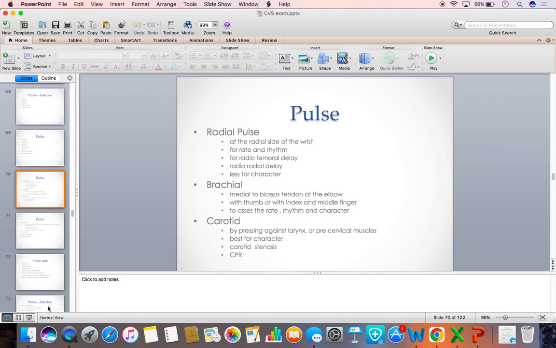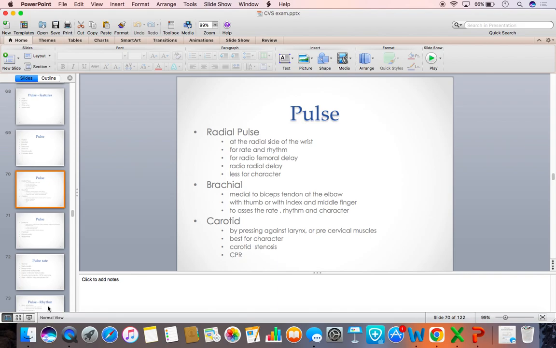What is radiofemoral delay? Normally, the femoral pulse is felt earlier than the radial pulse. When the femoral is delayed, this is called radiofemoral delay, and it indicates the presence of coarctation of the aorta.